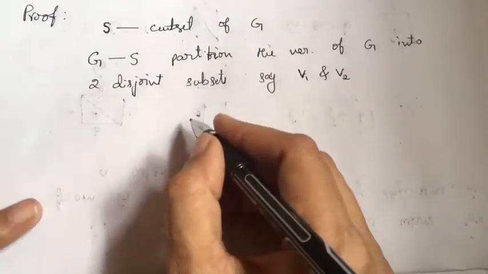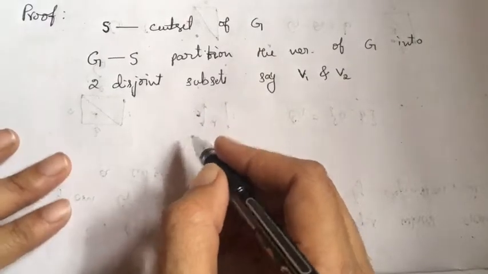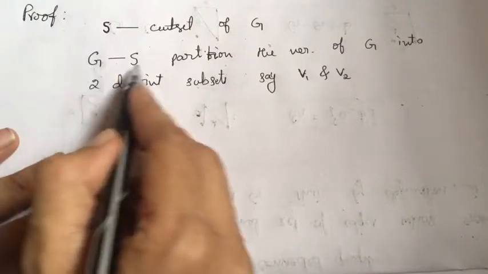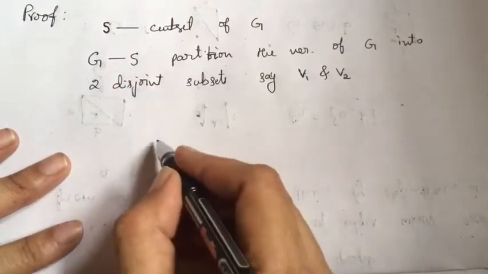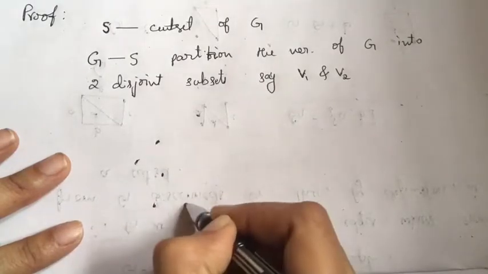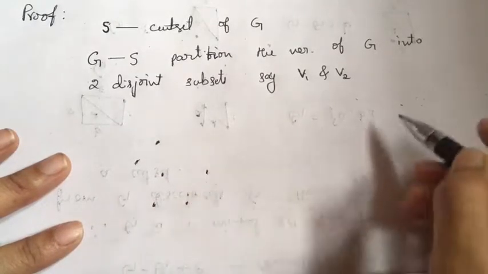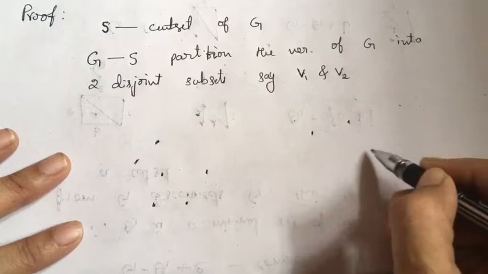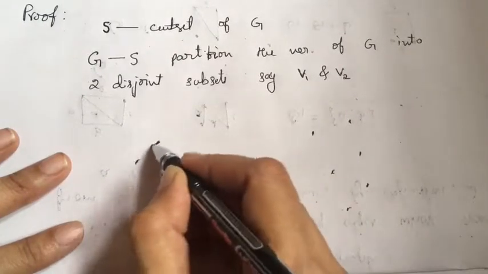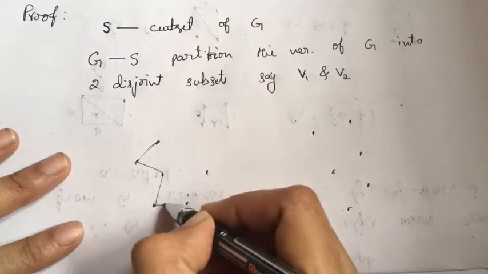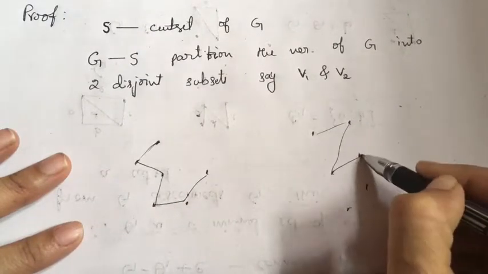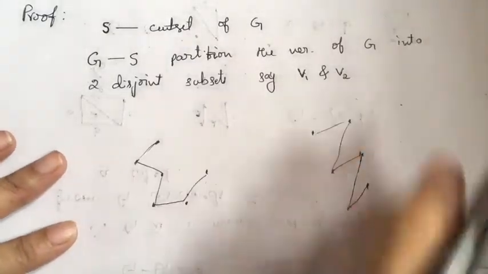Now say I can draw a simple graph. I'm just drawing G minus S. It's a general graph. Okay, they have these kinds of structures, some edges were already there. Something like this.